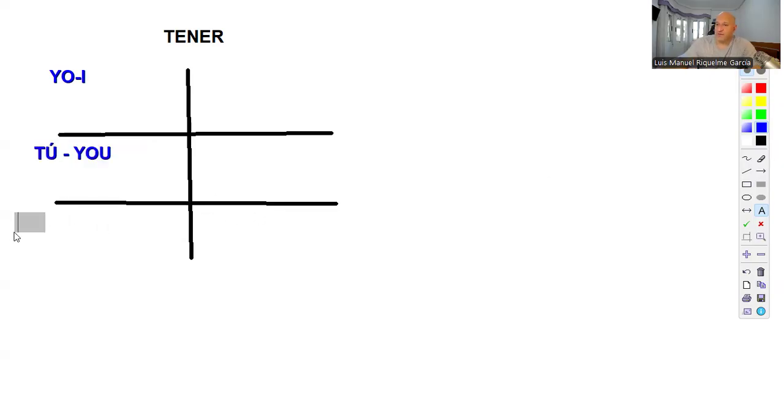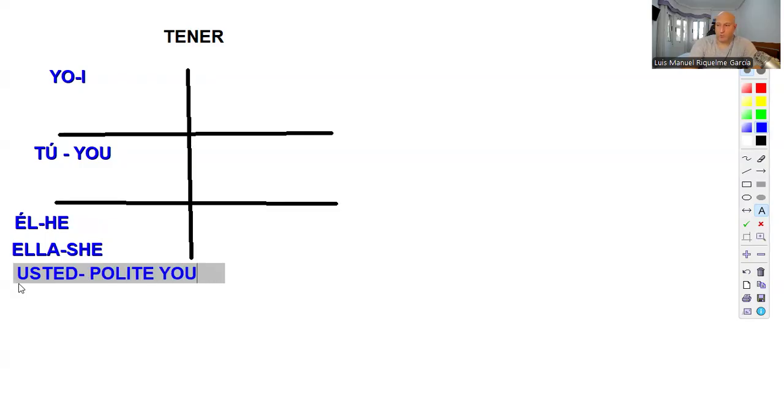The next one has several subjects within it, and this box is devoted to él, that means he. It's also devoted to ella, that means she, and it's also devoted to usted, that is a polite you.